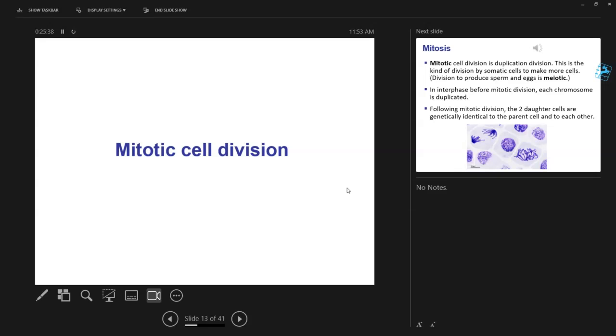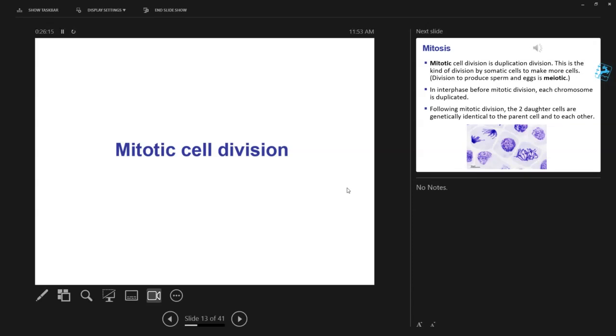The chromosomes were duplicated only one time. But there are two divisions, so we started out with 23 pairs of chromosomes, and now there are only 23 chromosomes in each of these. If this was in a male testes, each one of these daughter cells would grow a tail to become a sperm cell. So this is meiotic cell division, two divisions.